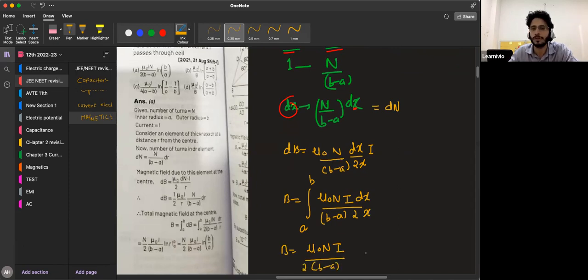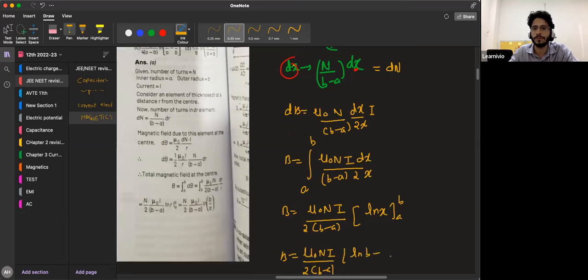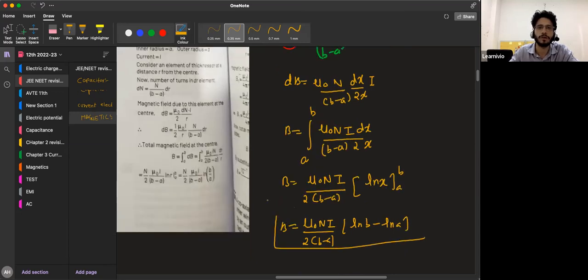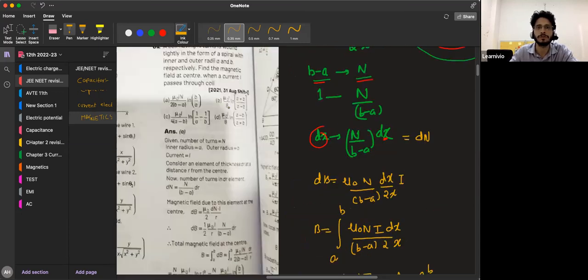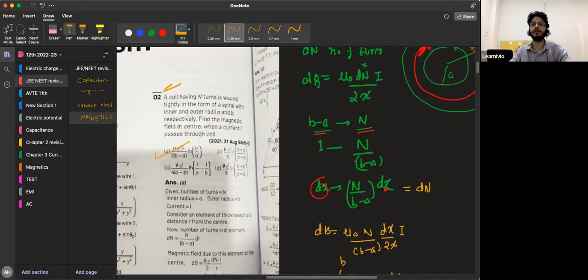It's just 1 by x. When you integrate 1 by x, you get log x from a to b. Substituting the values, it comes out to be mu naught N I by 2 into b minus a, times log b minus log a. You can write this log b minus log a as log of b by a also. So if you check the options, it's mu naught N I by 2 into b minus a, log of b by a. Note this spiral is an important question.